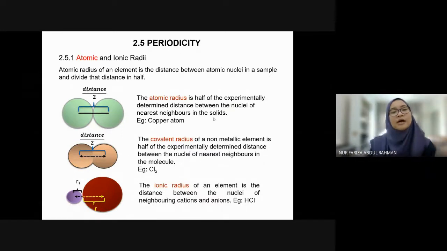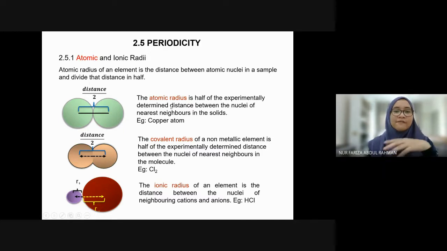So what is atomic radii? Radii is the plural of radius. Singularly, it is radius. The atomic radius of an element is the distance between atomic nuclei in a sample, divided in half.